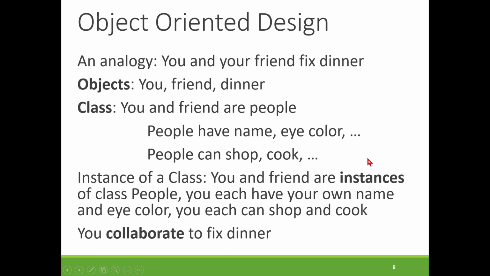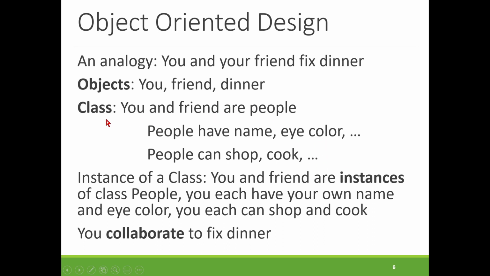So let's use an analogy here. Let's say you and your friend are fixing dinner. What objects are involved in this? There's you, there's your friend, there's dinner. You might even have other things like the kitchen, ingredients. There's a lot of things that could be used as objects. So what classes would you need?